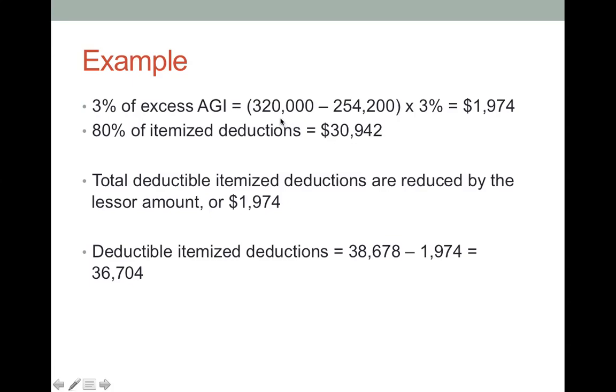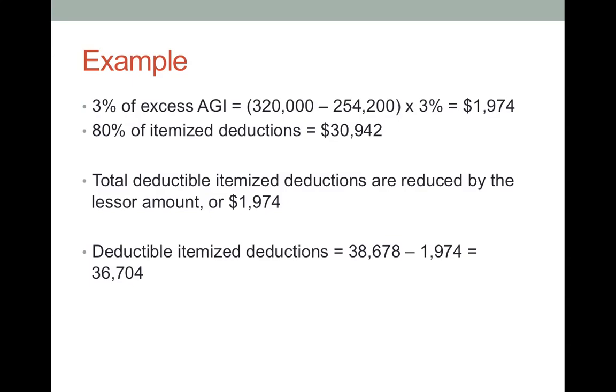So we figure out how much his AGI is over the phase out for single taxpayers, and we take that excess amount times 3%. If we do that calculation for this taxpayer, the phase out amount would be $1,974. We also have to calculate 80% of his total itemized deductions, which would be $30,942.